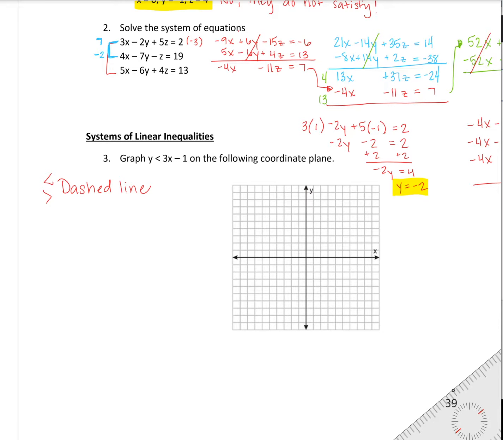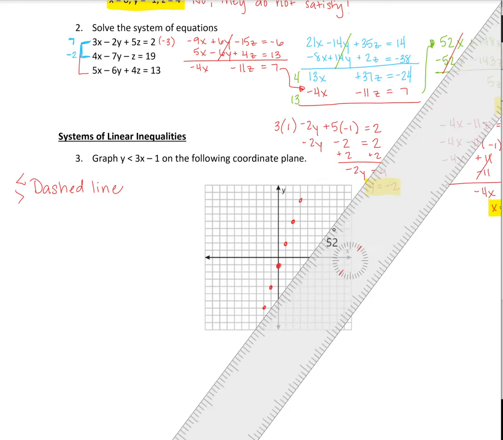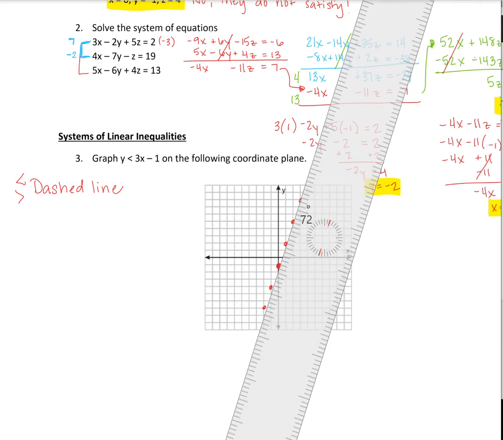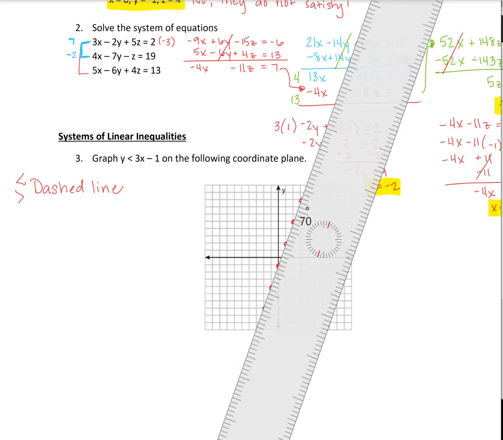I have y equals 3x minus 1. I know when I graph, I'm going to start at negative 1. I'm going to go up 3 over 1, up 3 over 1, up 3 over 1. And in reverse, I'm going to go down 3 over 1, down 3 over 1. I'm going to use my handy dandy ruler to help me draw my dashed line, all nice and neat.